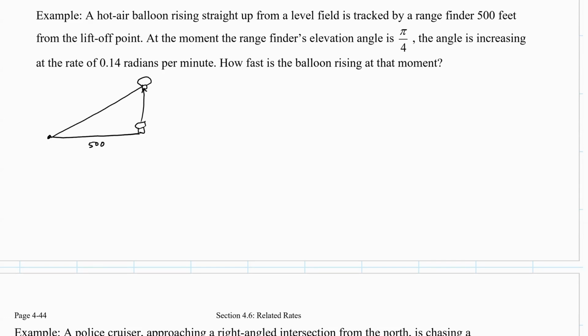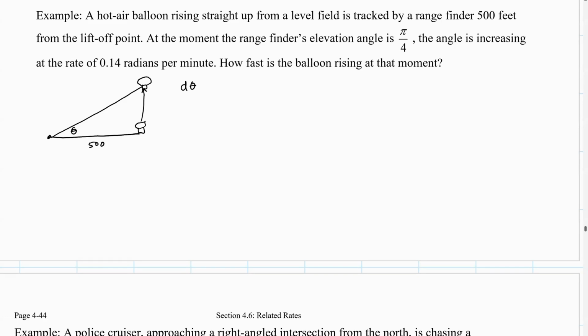At the moment the rangefinder's elevation angle is pi over 4. Okay, that means there's an angle that's changing. Let's call that angle theta because it's changing, it's variable. The angle is increasing at a rate of 0.14 radians per minute. Let me write that down, but in symbols.